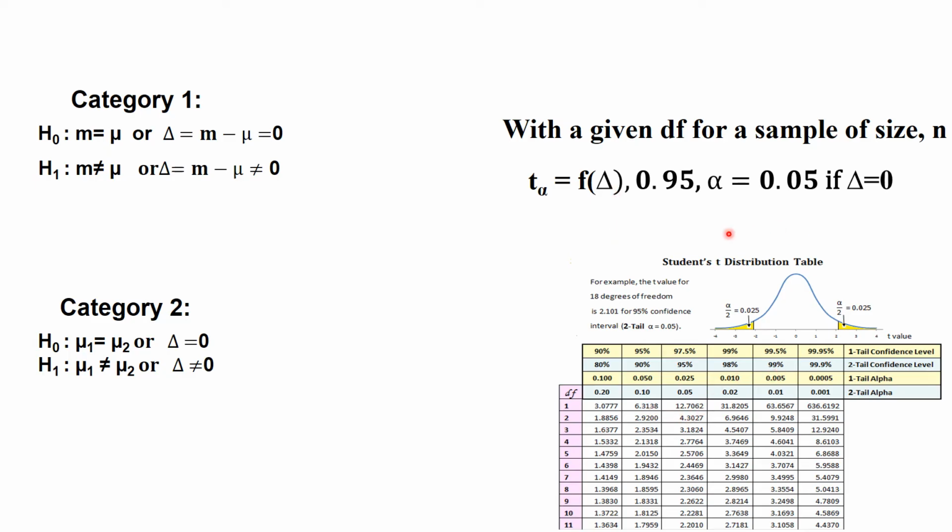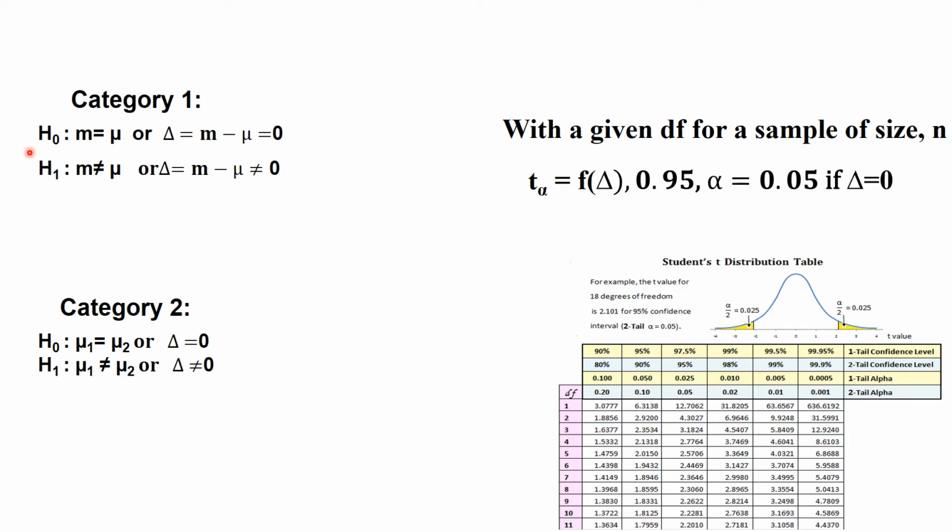So for instance, if alpha is 0.05, it implies a confidence level of 95%. And then you can find, depending on whether it's one-tailed or two-tailed, superiority or inferiority, as I said, it depends on the objective of the study.